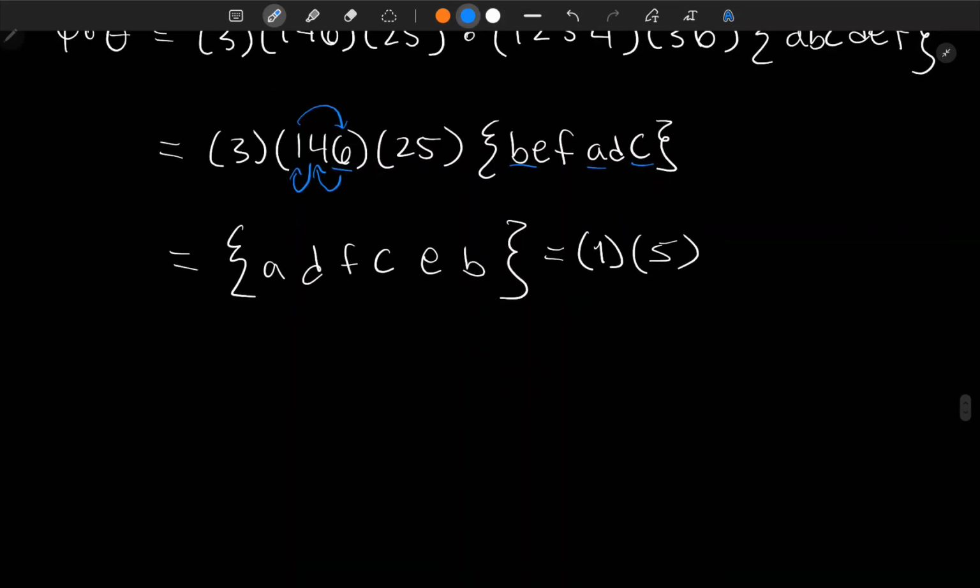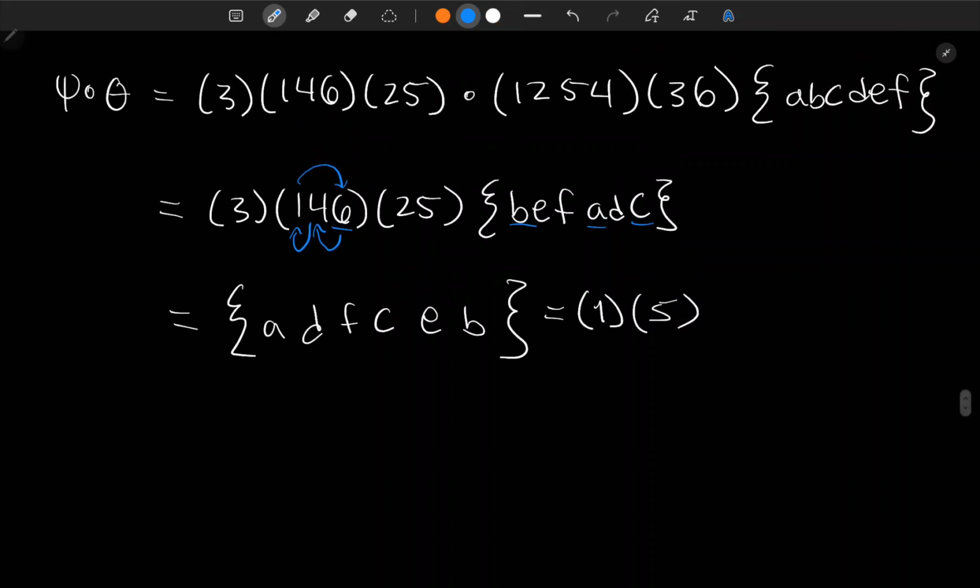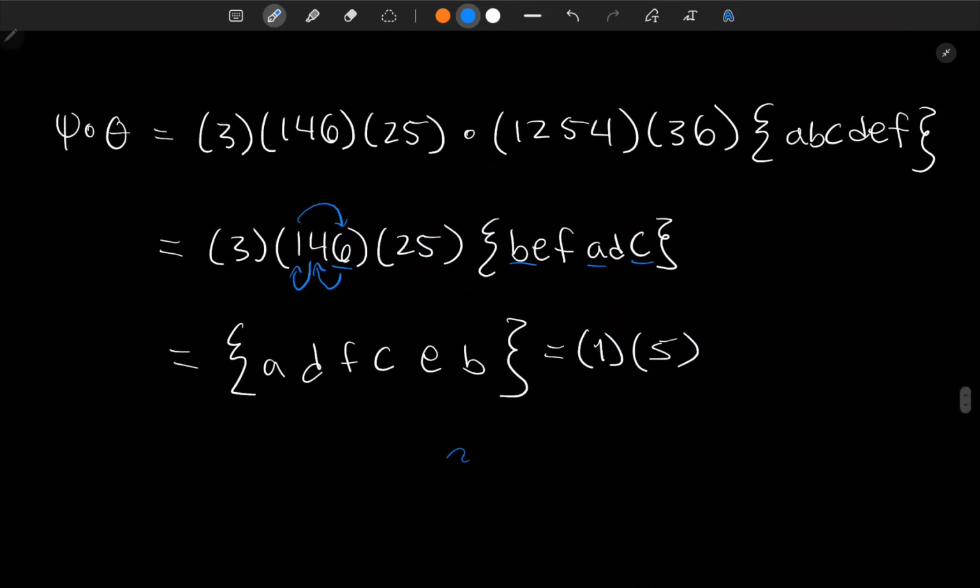Then what we find is that the second element, B, gets mapped to the 6th position here. And then the 6th element, which is F here, gets mapped to the 3rd position.